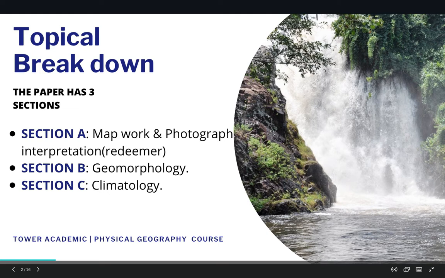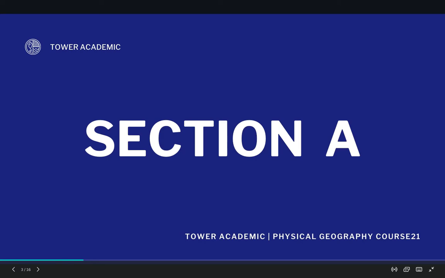So in map work, the number of aspects that we shall go through, the same applies to photo interpretation. That is section A. Then for section B, we have what we call geomorphology. This geomorphology has 3 questions set, and out of the 3 questions set, you are going to answer 1 question.